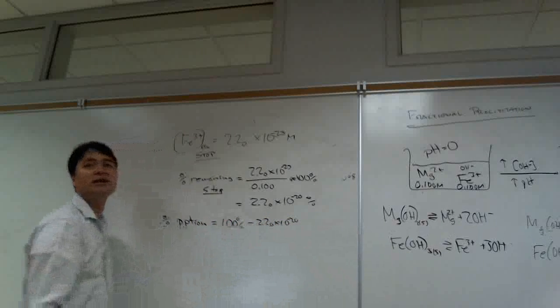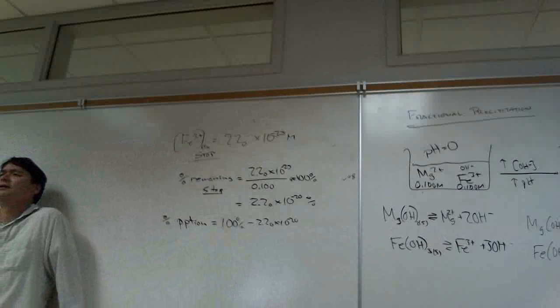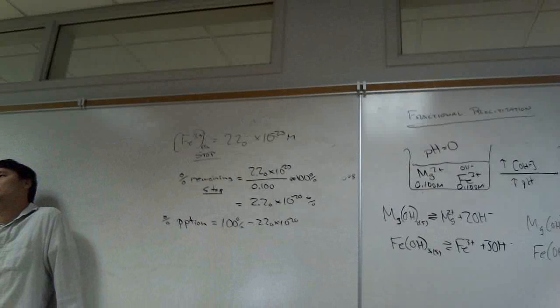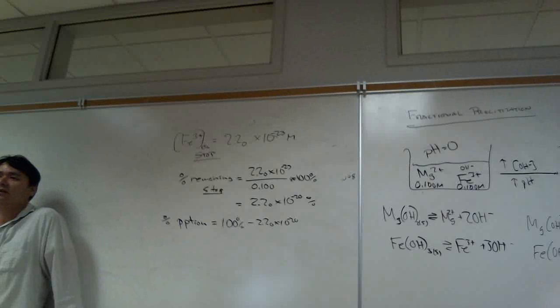Go ahead and calculate that in your calculator. 100? No, it's not 100. Round off. Yeah, that's what you get on your calculator. You need to buy a more expensive calculator.